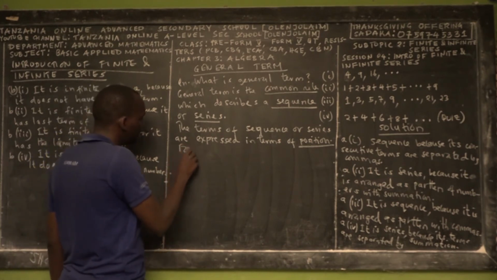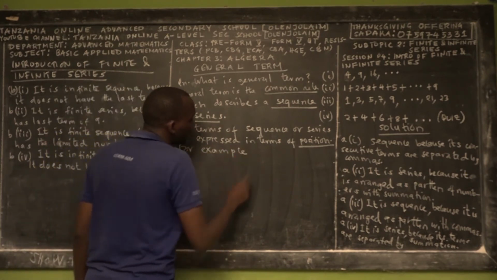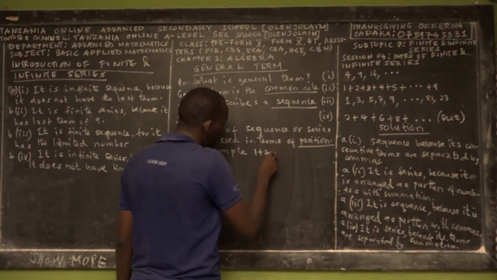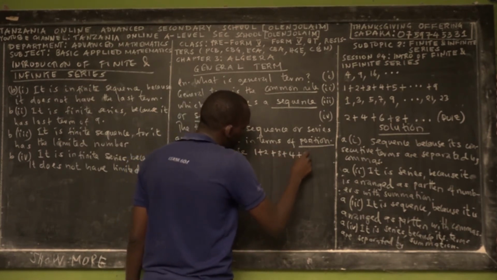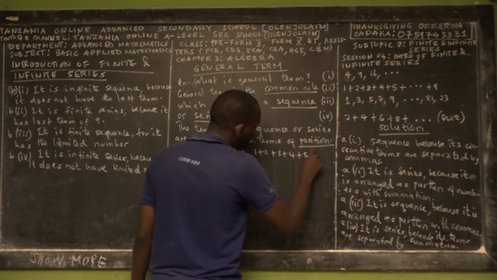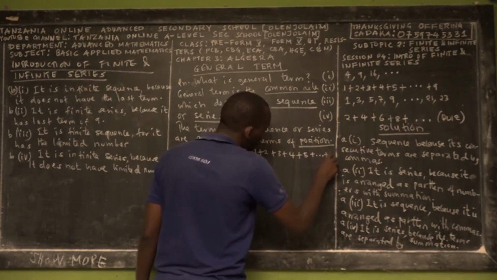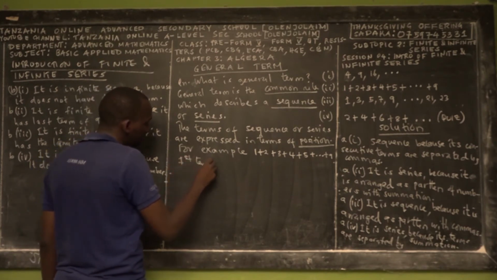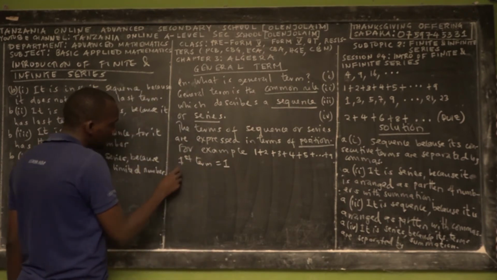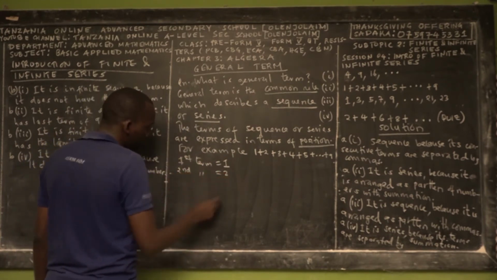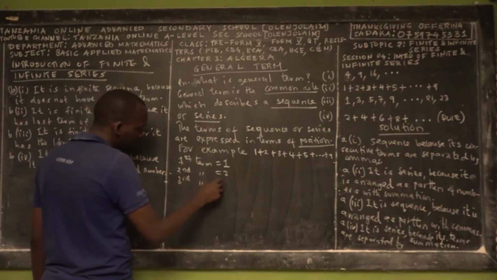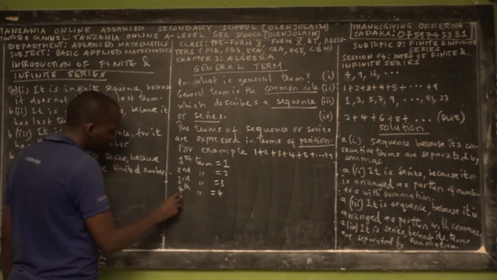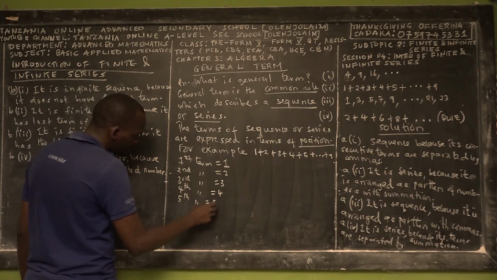For example, if I am given a sequence of 1 plus 2 plus 3 plus 4 plus 5 plus dash dash plus 9, then we say that the first term is equal to 1, the second term is equal to 2, the third term is equal to 3, the fourth term is equal to 4, the fifth term is equal to 5.